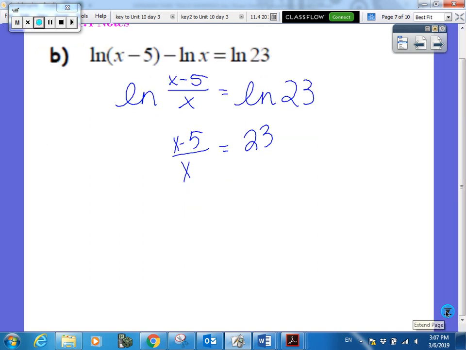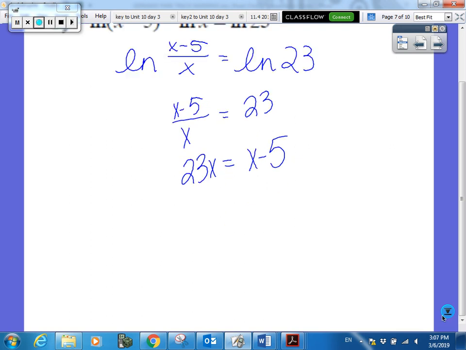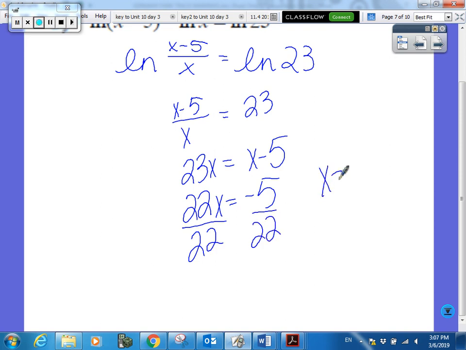And then we can cross multiply or multiply through by x, however you want to do that. So 23x equals x minus 5. Subtract x, 22x equals negative 5. And then divide by 22. And you get x equals negative 5 over 22.